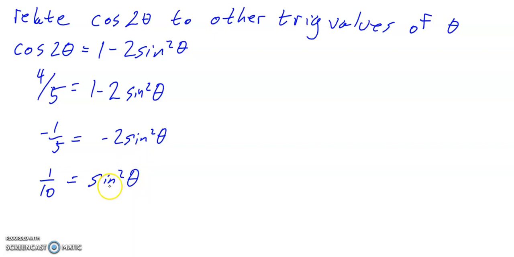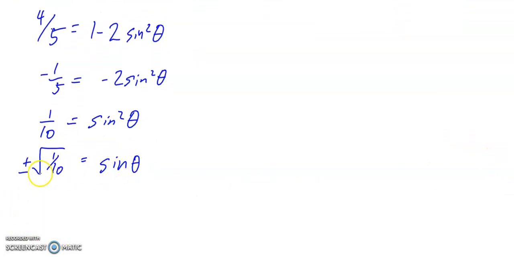So to find out what sine theta is, I'm going to take the square root of both sides. Sine theta is plus or minus radical 1 over 10. But there's a square root on the bottom, because we're really saying the square root of 1 over the square root of 10.